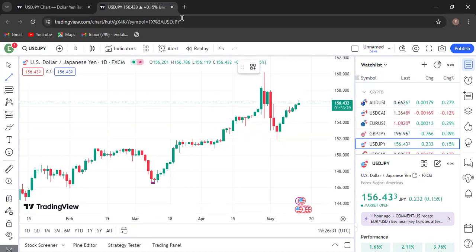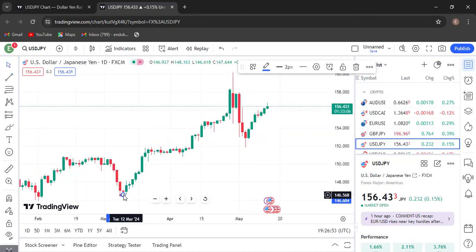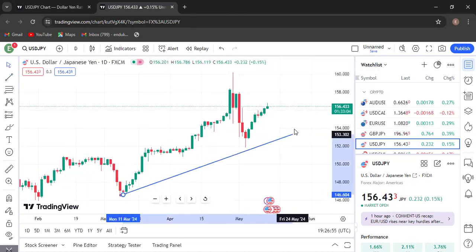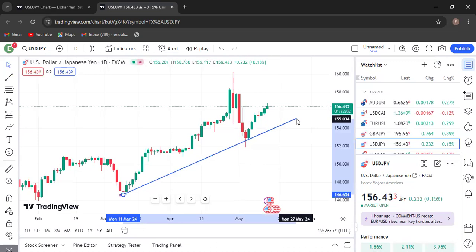So if my resistance or support has higher highs and higher lows, to clearly map out my resistance and support areas, I'm going to use a trend line, and this is how I use a trend line. I've already clicked on it. So I can place it somewhere here and extend it. Yeah, this is a trend line.